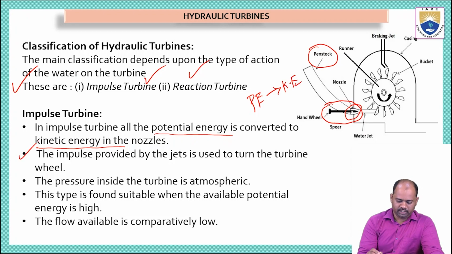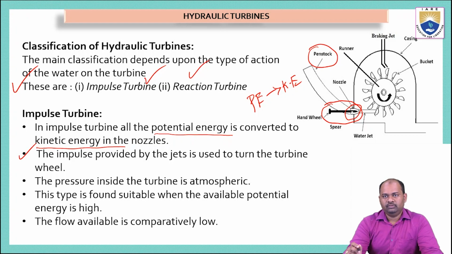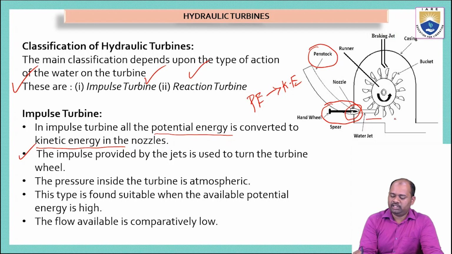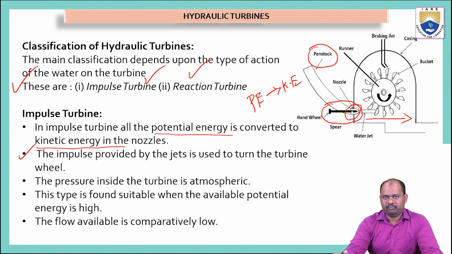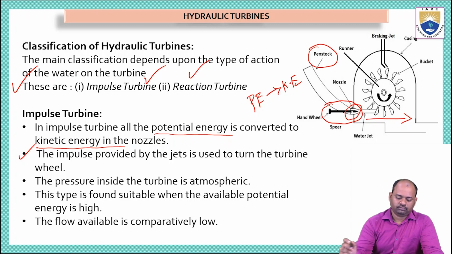The second point is that the impulse provided by the jets is used to turn the turbine wheel. Whatever the speed of the water coming out of the nozzle, it will hit the turbine buckets. The buckets will experience a force on their surface. Whenever they experience a force in this direction from left to right, they will try to rotate because they are hinged at a central shaft placed on a roller bearing.